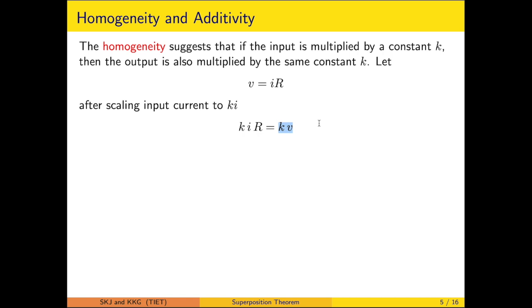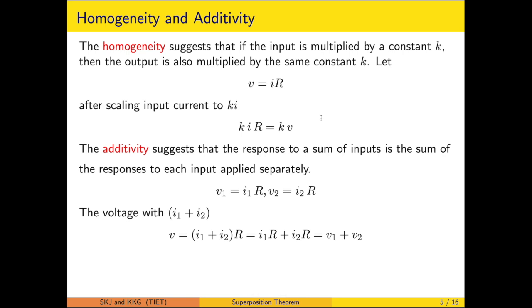In case of inductor, if the input current is I, then the corresponding voltage V will be equal to L di by dt. If I is scaled by a factor K, the output voltage will also be scaled by the same factor. The same holds true for the capacitor. So the homogeneity suggests that if the input is multiplied by a constant K, then the output is also multiplied by the same constant K.